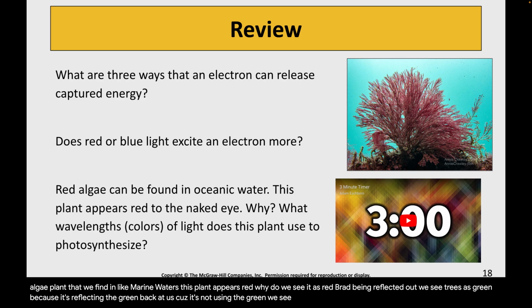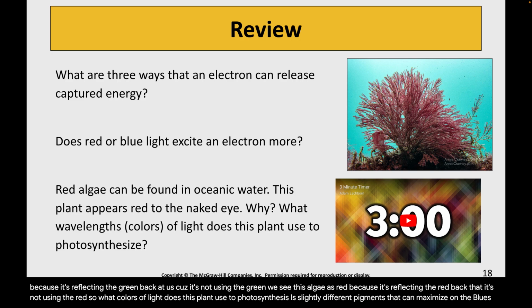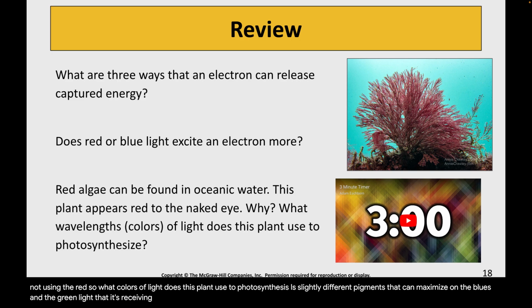We see this algae as red because it's reflecting the red back at us. It's not using the red. So what colors of light does this plant use to photosynthesize? Yeah, blue and greens, right? So it utilizes slightly different pigments that can maximize on the blues and the green light that it's receiving instead. Any questions so far?